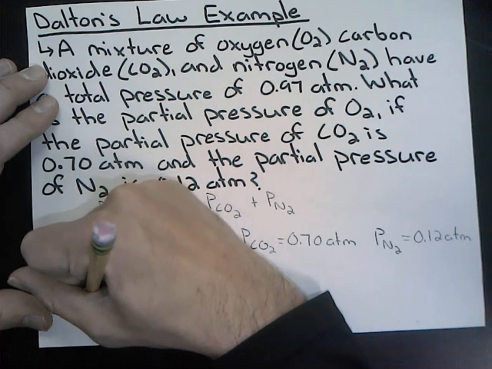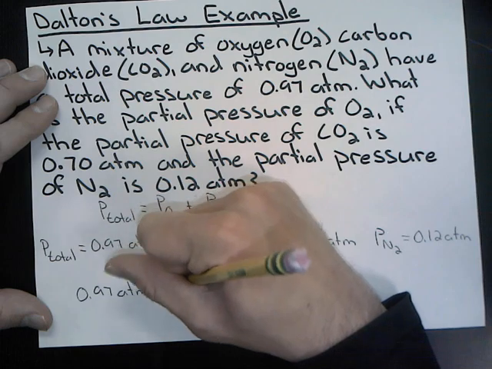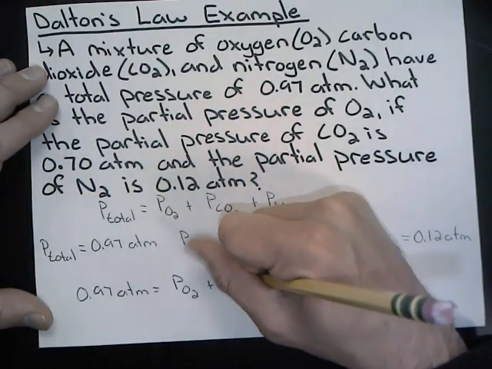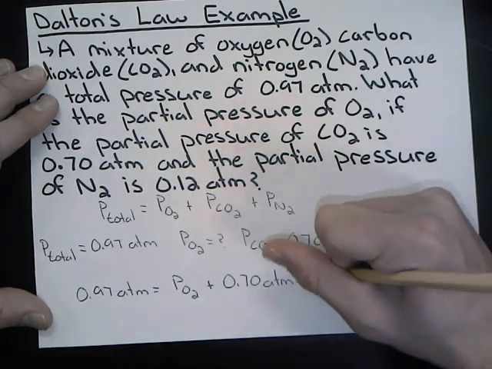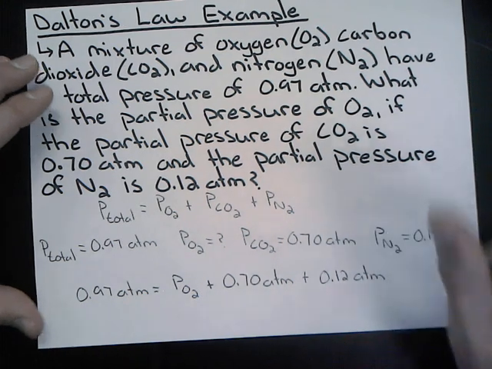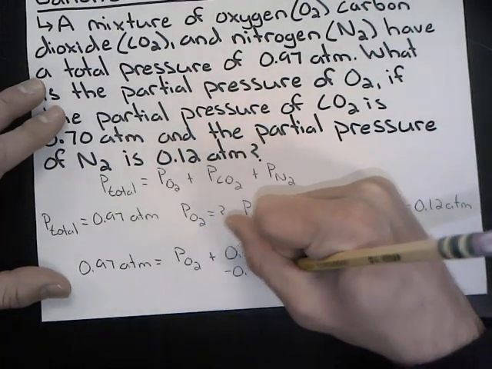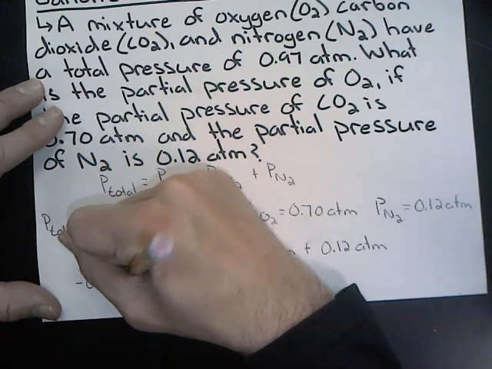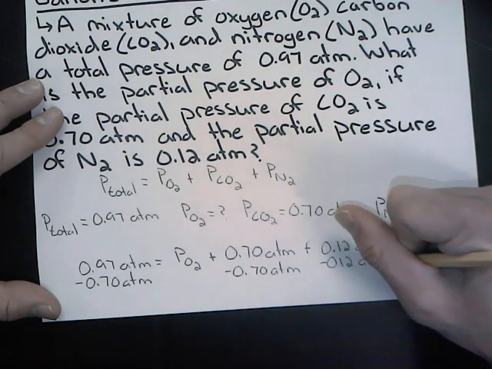So we're going to have 0.97 atmospheres equal to the pressure of oxygen plus the pressure of carbon dioxide, which is 0.70, plus the pressure of nitrogen, which is 0.12. Now, to get oxygen by itself, we are going to subtract 0.70 from each side, and we are going to subtract 0.12 from each side.